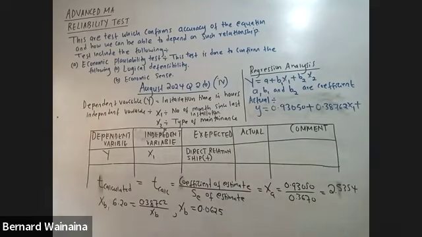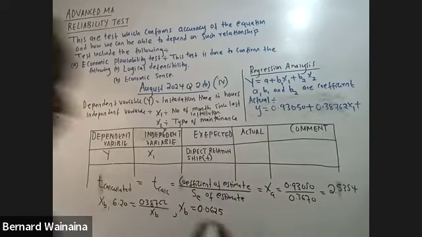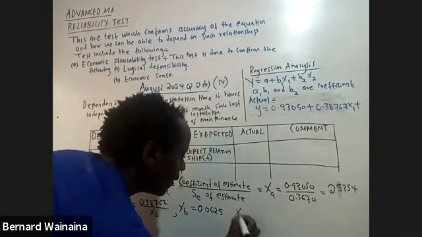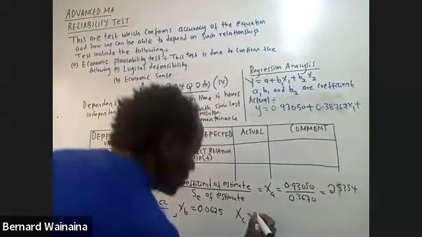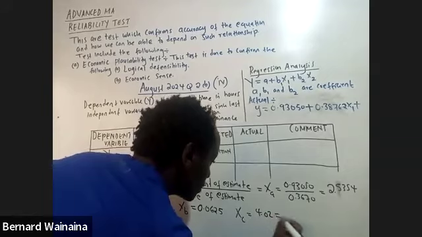Aya, who was the other one? It was Jeff. So Jeff should tell us XC. 1.2627. XC is 1.2627. Yes. We say 4.02 must be equal to what?